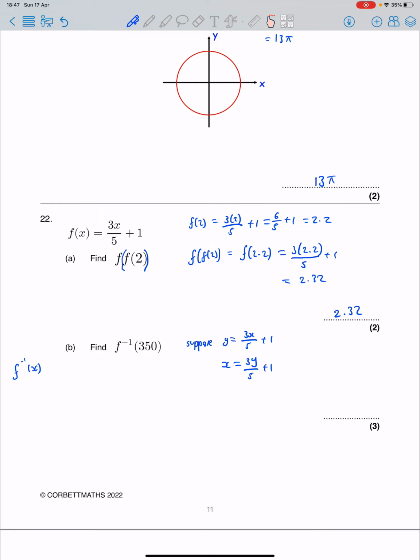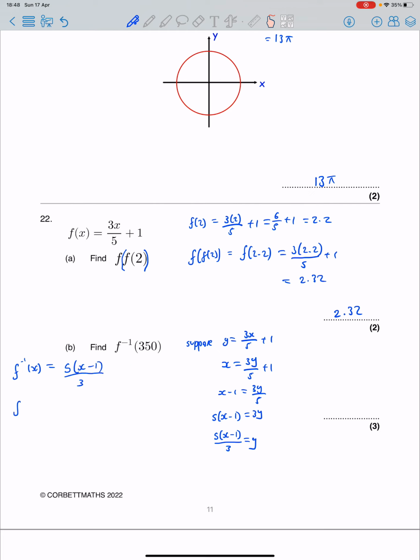So if I subtract 1 from both sides, I get x minus 1 equals 3y over 5. Multiply both sides by 5, I get 5 lots of x minus 1 is equal to 3y. Then, dividing both sides by 3, we get 5 lots of x minus 1 over 3 is equal to y. So f minus 1 of x, therefore, is equal to 5 lots of x minus 1 over 3.